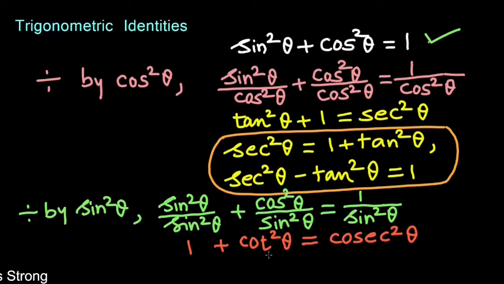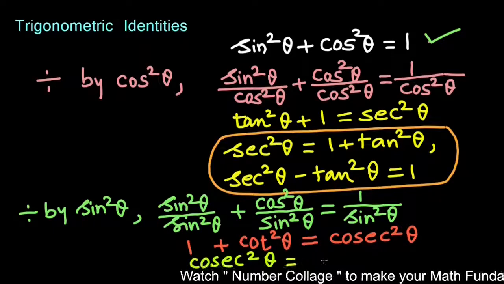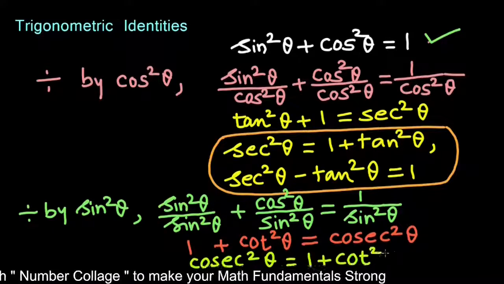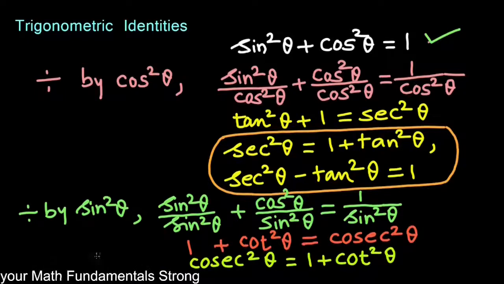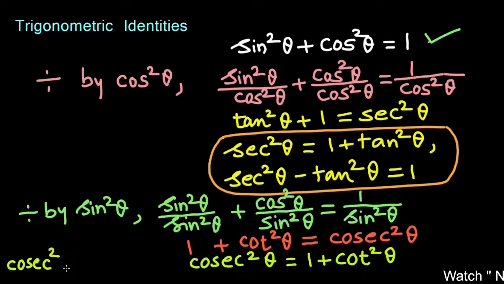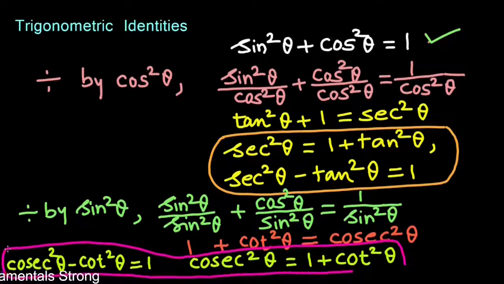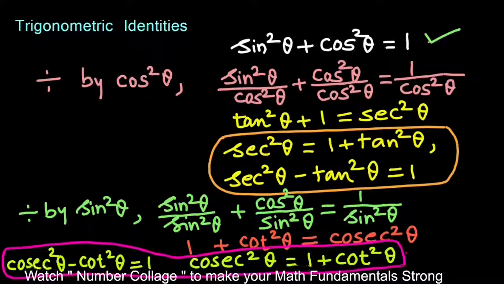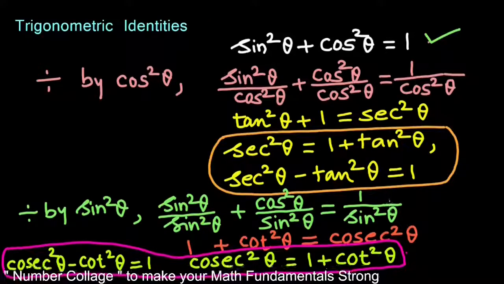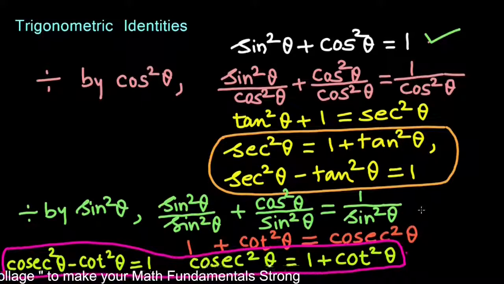So the third identity that we get is cosec square theta equals 1 plus cot square theta, and its equivalent form will be cosec square theta minus cot square theta equals 1. So these two equivalent forms give us the third trigonometric identity. So these trigonometric identities are quite useful while solving problems on trigonometry.